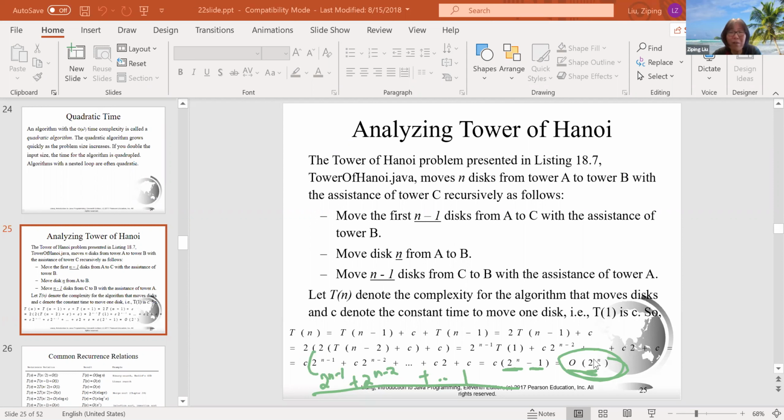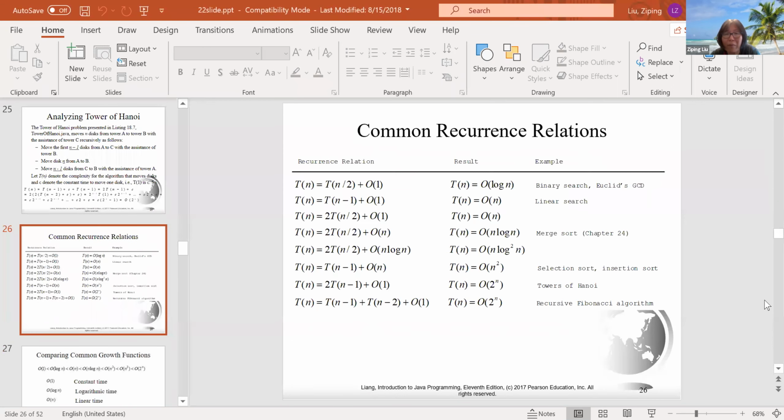So this is another example of recurrence analysis. Let's see what more we have. Here it gives us common recurrence relations. You see divide by 2, like a binary search.